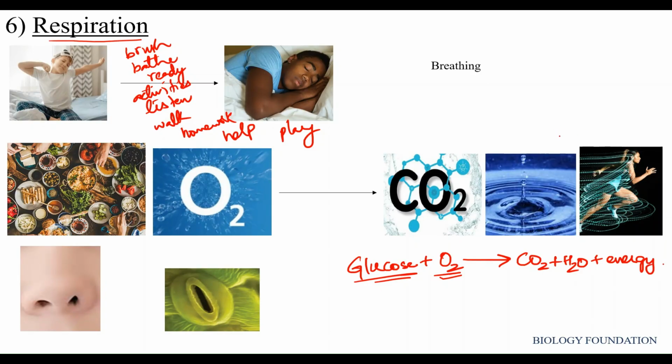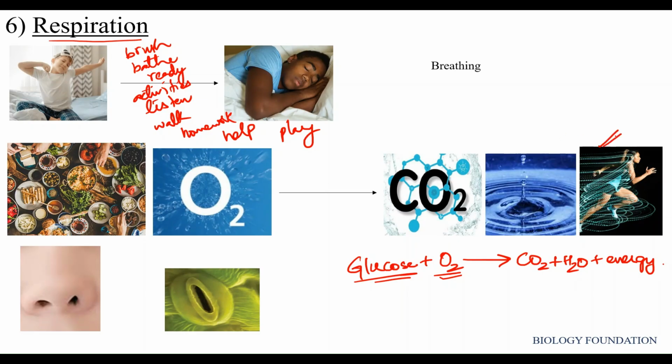Some activities do not need much energy. For example, if you're sitting and watching television, you don't need much energy. Unlike if you are going to an academy for coaching for basketball, or you have to concentrate in a class, then your brain needs a lot more energy.